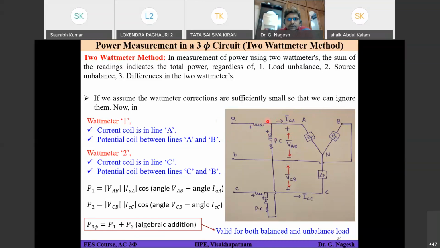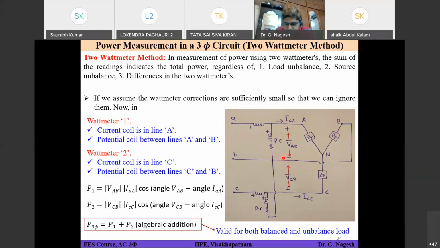The current flowing in the current coil creates the field, so that field is proportional to the current flowing in it, which is nothing but IAA. Similarly, the field produced by the potential coil is proportional to the current flowing in the potential coil, which is the voltage divided by its resistance. That is why it is proportional to voltage VAB. Is it clear?